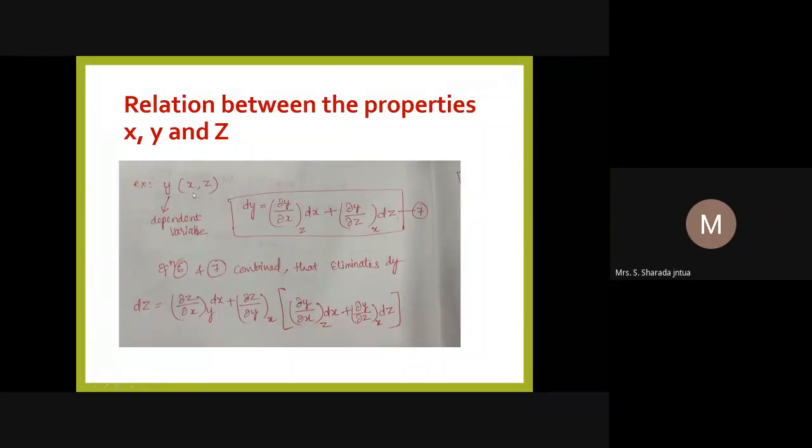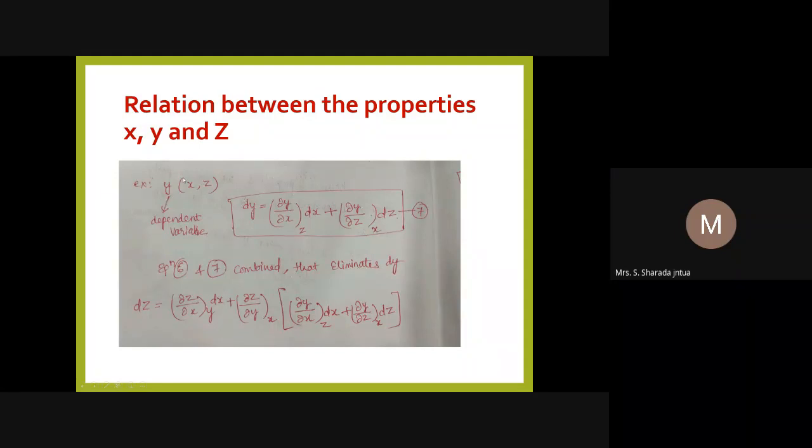We'll take one more example, how the relation between the properties x, y, z changes. Here I'm taking y equal to a function of x and z. So x and z are independent properties and y is the dependent property.